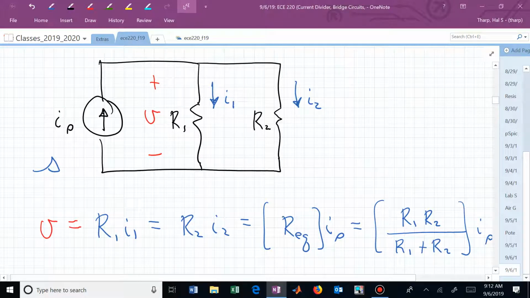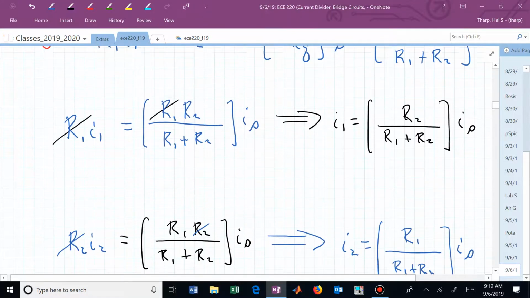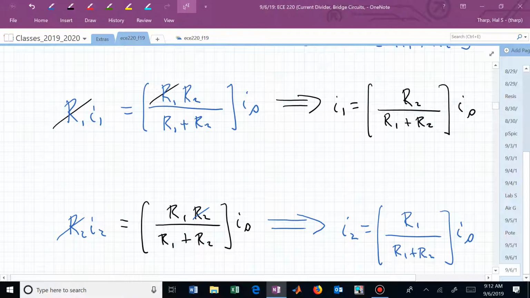You would think I1 would be bigger. And in our formula now, if we compare I1 and I2, do you see that if R2 is bigger than R1, I1 is going to be bigger than I2? Kind of making sure that the formulas are consistent with our intuition. Question?